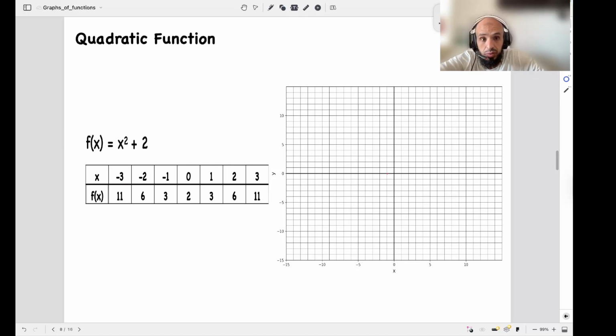Okay, for -3 it is equal to 11 when we sketch it. If we substitute, x squared, which is 9, plus 2 is 11. For -2, x squared is 4, plus 2 is 6. So for -3, 11. For -2, it's 6. For -1 it is 3.